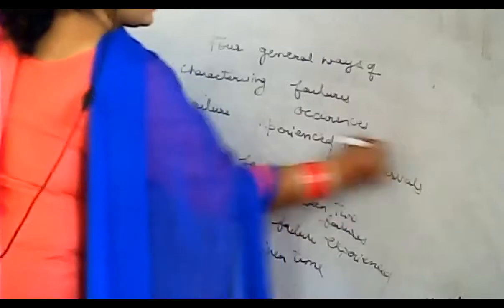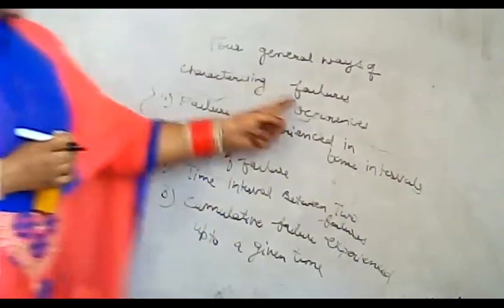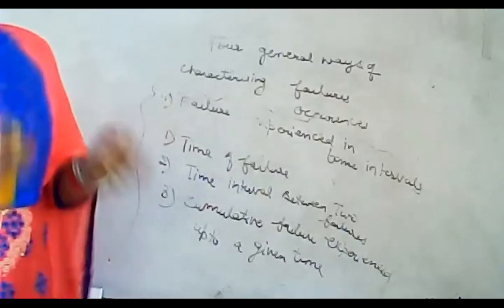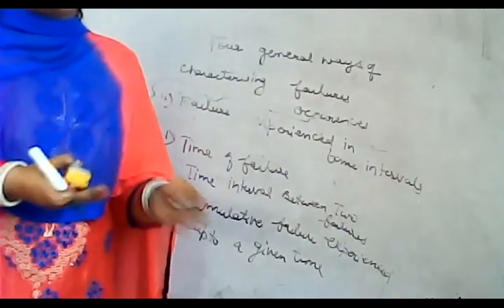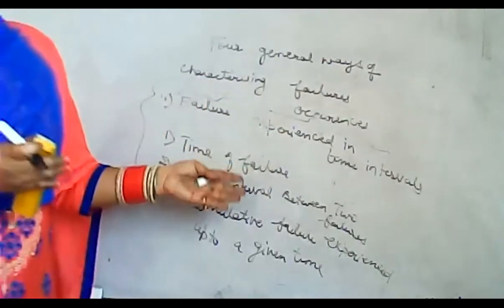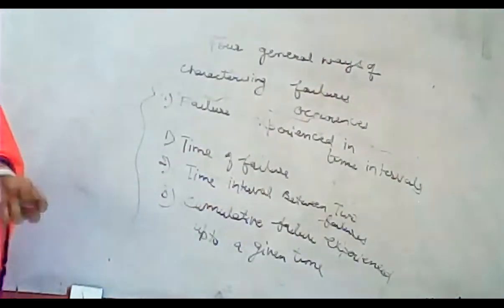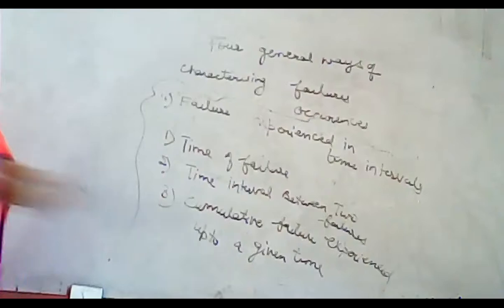So we can say failure occurrences in time can have a particular failure time, time between two failures, cumulative failure experienced up to a given time. Suppose I say how many failures there were up to 9 o'clock, that should be a cumulative sum.